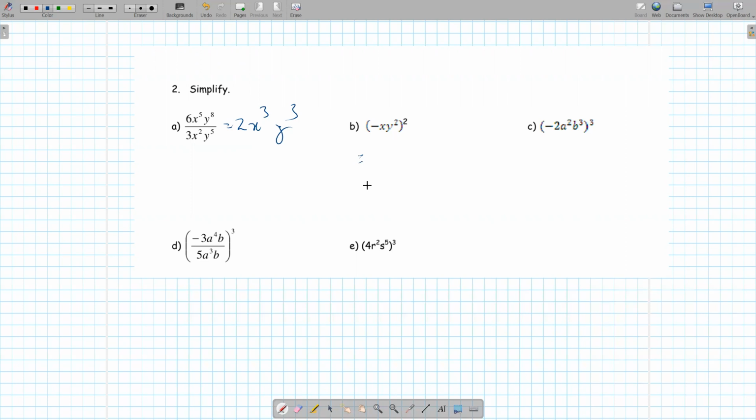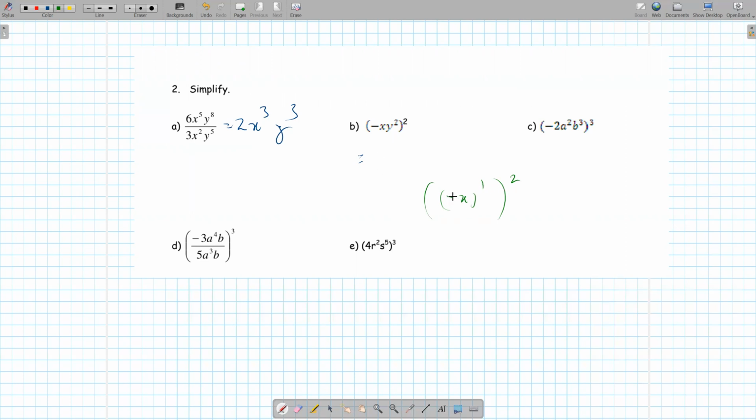Like to the power of 4? Okay, so this is how you do this, all right? You have -x to the power of 1, yeah? And then that's to the power of 2. If you open this, what do you get? If you use the power of power rule. Yeah, so it's -x squared.